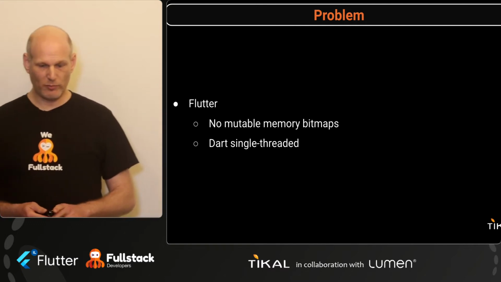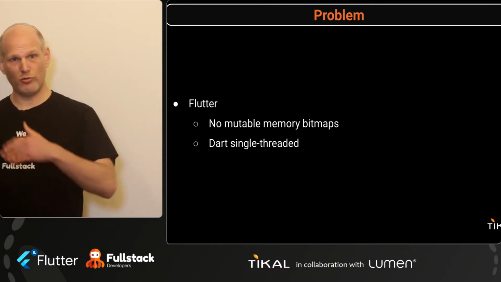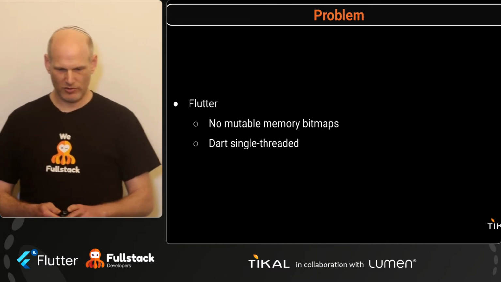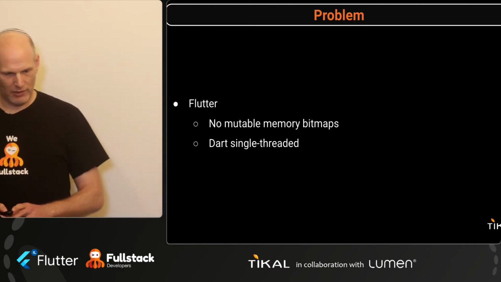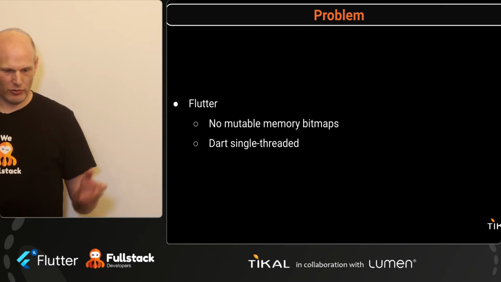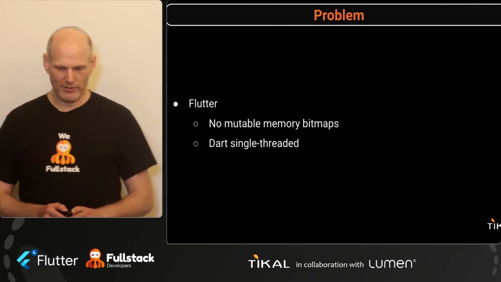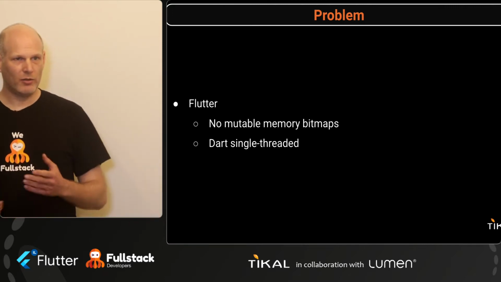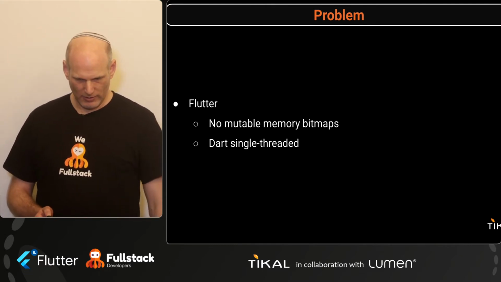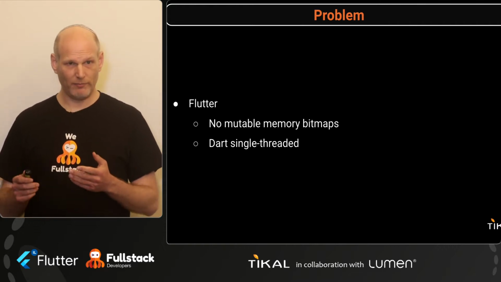Flutter doesn't support multi-threading, because I wanted to do the computations and the rendering in the background and update the screen when it's ready. And aside from the no bitmap problem, I want to firstly describe some concurrency so we can better understand what the problem is with Flutter. And when I say Flutter, I also mean Dart.